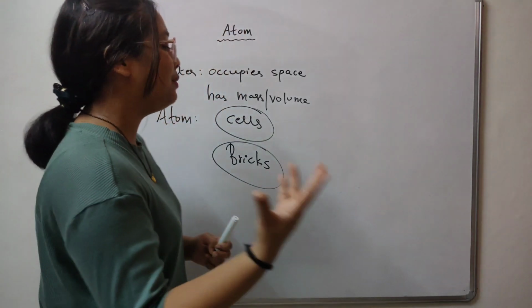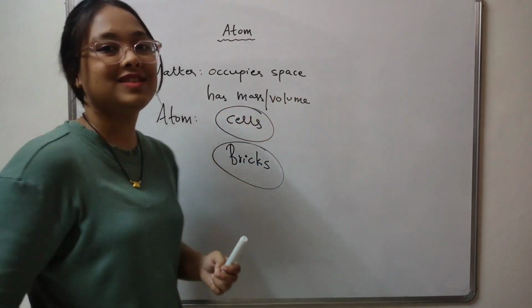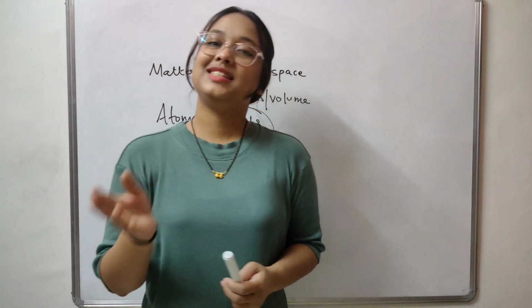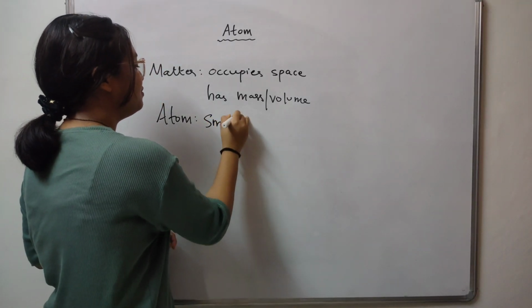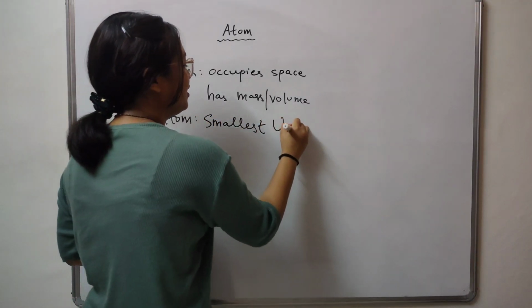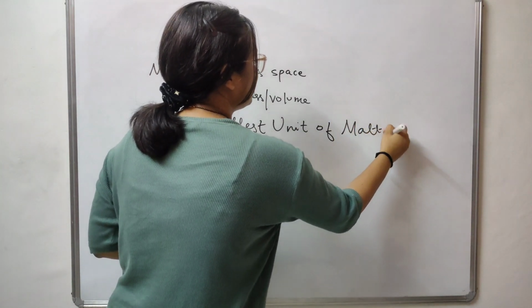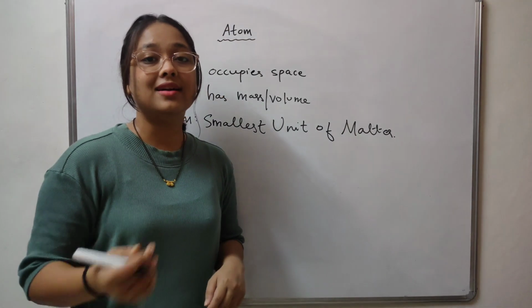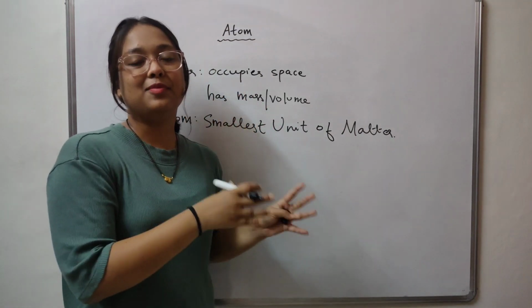So you can say that buildings are made up of bricks. Okay, living systems are made up of cells. Similarly, matter is made up of atoms. Atom is defined as the smallest unit of matter. Also, the building block of matter, the building unit of matter. Okay, so matter is made up of atoms.